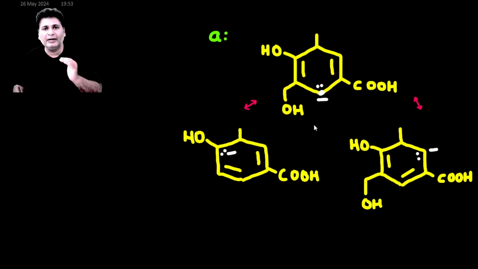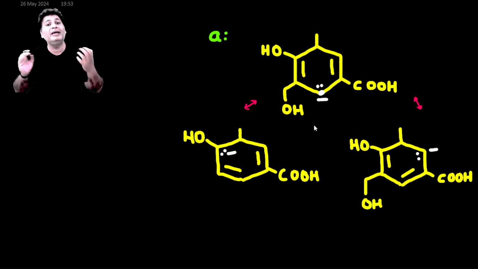It is a burden, so the more you reduce the burden, the higher the stability of that anion, and the more easily it will get formed. And once it forms easily, the proton also goes away easily from the compound and the acidity will be higher.